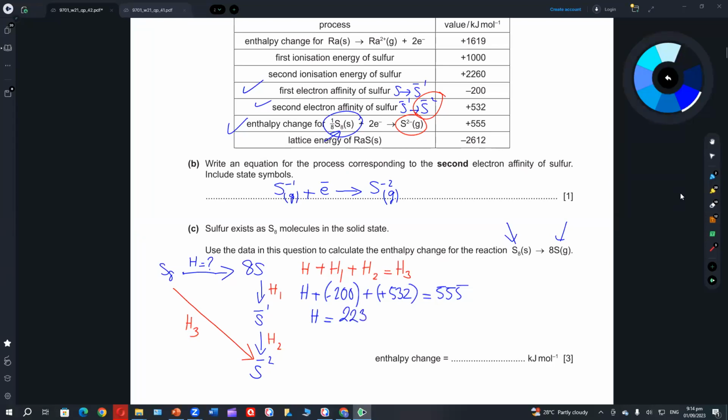So when we studied this topic, we studied three important things: Hess's law application, making a triangle, because the energy level diagram always takes too much time. So a triangle is always simple.